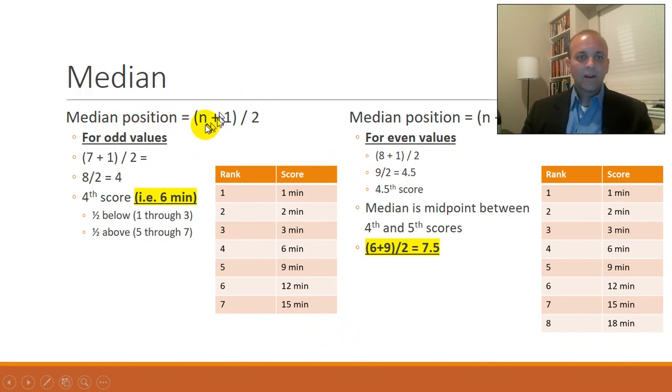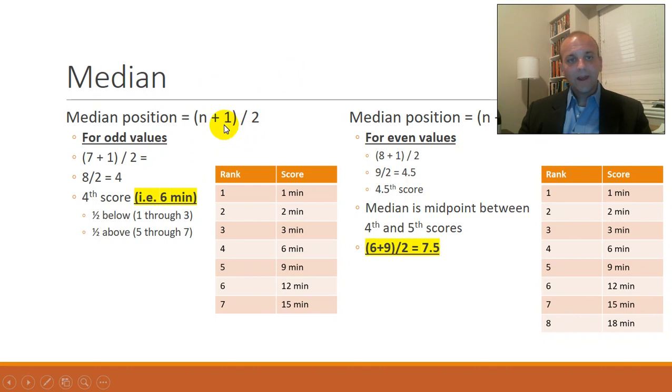Now here's the equation for it. N generally is used to annotate the number. N equals number, okay? The number within a data set, within the values that you're looking at. And here, N equals 7, because we're looking at 7 different subjects, 7 different incidents, 7 different reports of response times, okay?